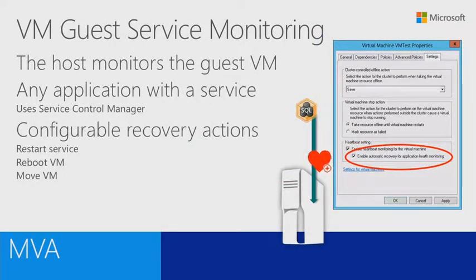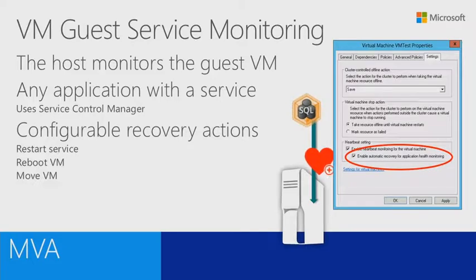But we wanted to go a step further in Windows Server 2012 and not just monitor the hardware, the servers, the virtual machines, but go inside the virtual machine and actually monitor the health of the services running within a VM. So let's say, for example, I have my print server, my print spooler service running inside the VM.